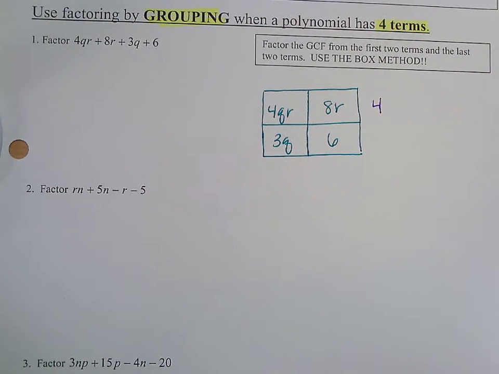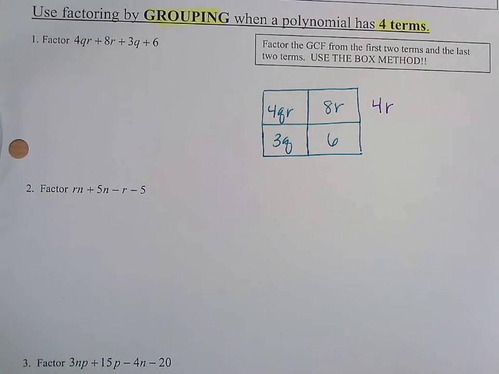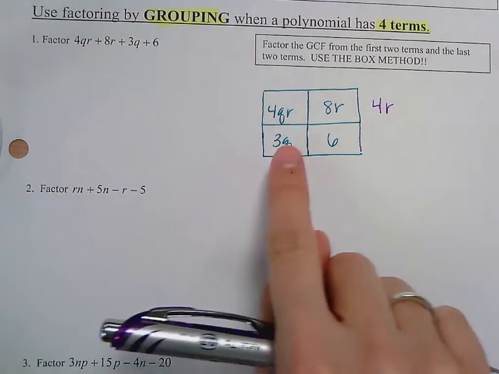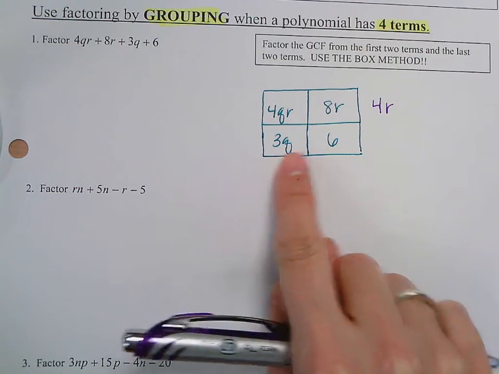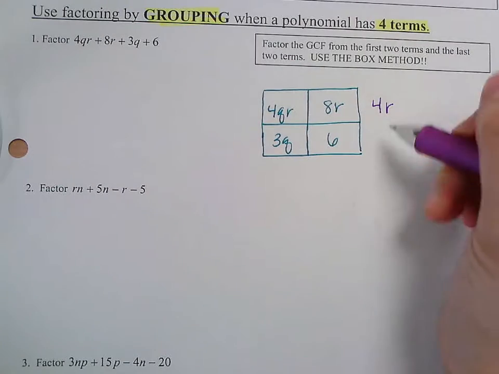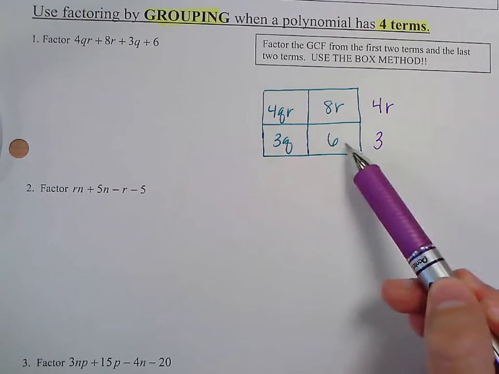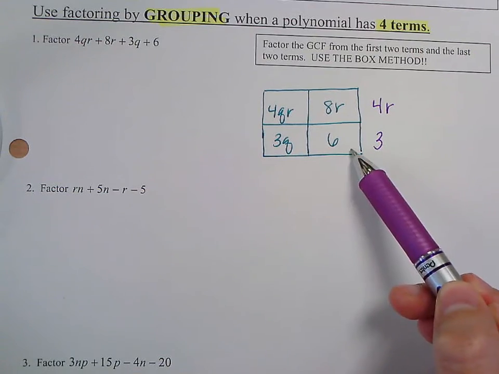You can divide them both by 4, so you want to take out the greatest common factor. Do they have any variables in common? Nadia? They have an R in common, so I can take out a 4R. Okay, then I do the same thing in the second row, 3Q and 6. What's their GCF? 3. I can divide them both by 3. They don't both have a variable, so that's just it, 3.